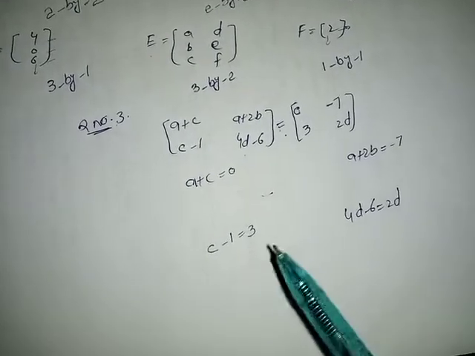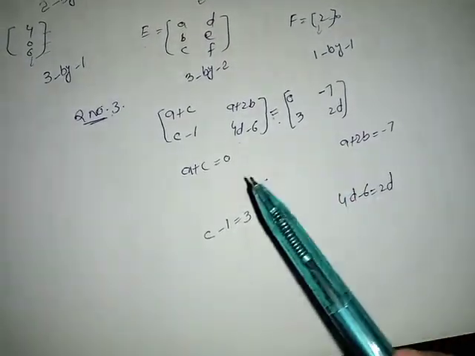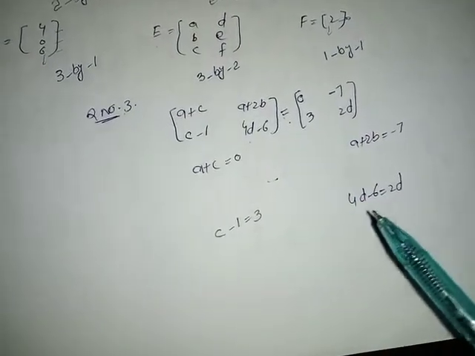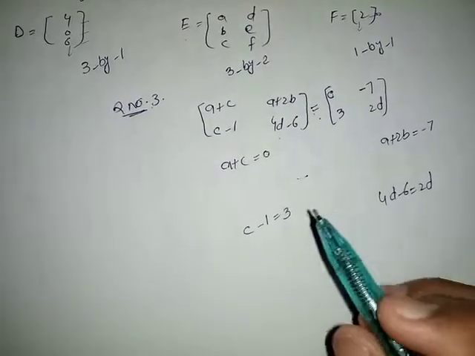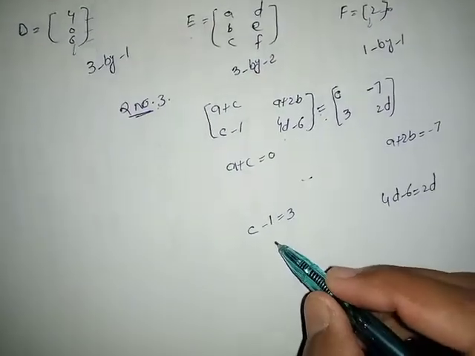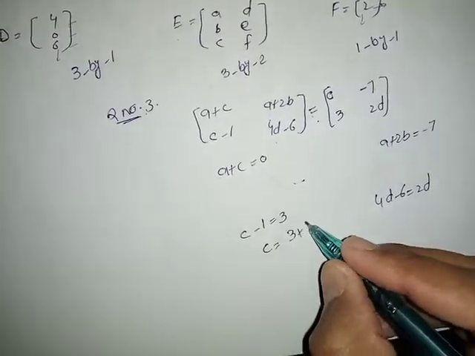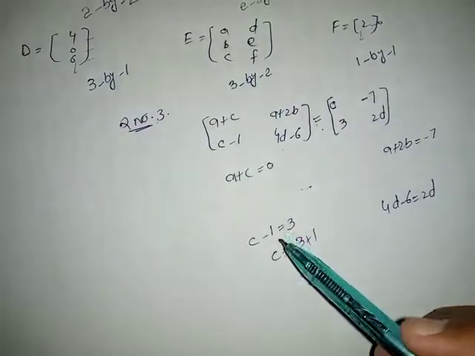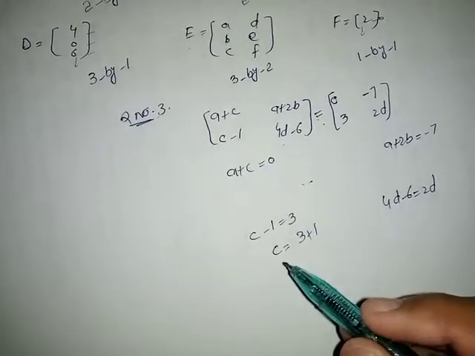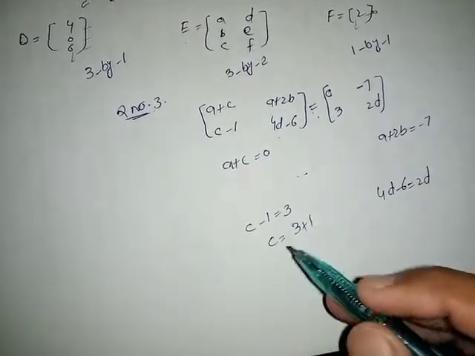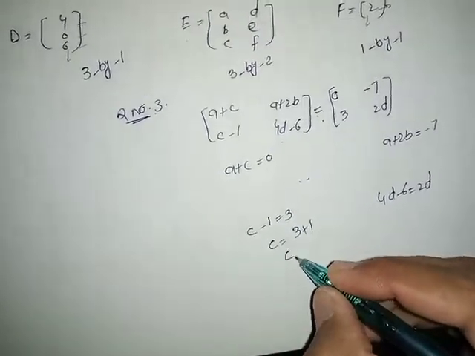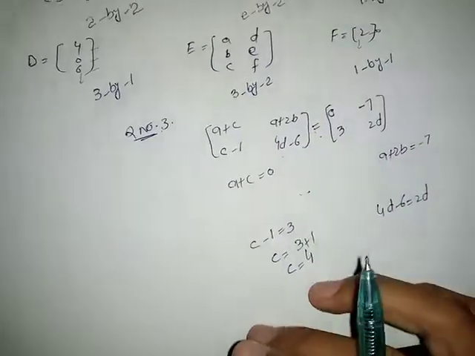Now if we can find even one value among a, b, c and d, then we can find the other values. So c is equal to 3 plus 1, because when 1 moves to this side its sign changes, so c is equal to 4.